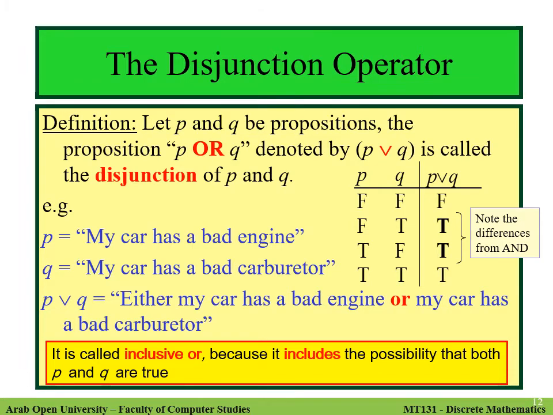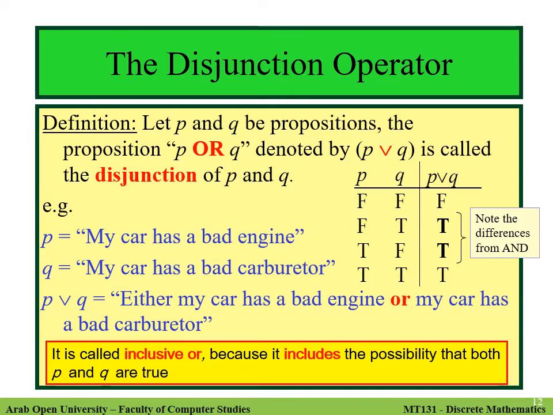F or F will give you a false statement for P or Q. F or T is true. T or F is true. T or T is true. The disjunction, or the OR operation, is true in all cases except if both propositions are false.